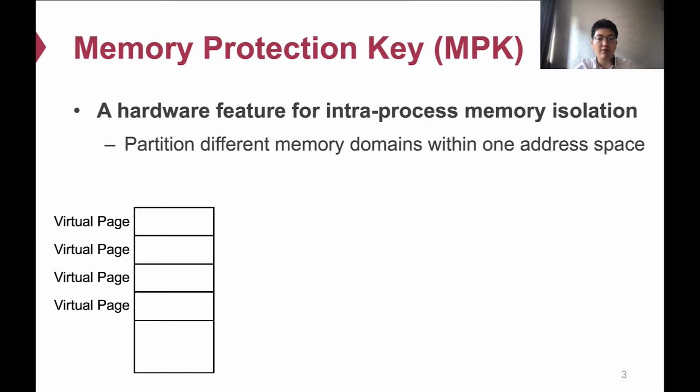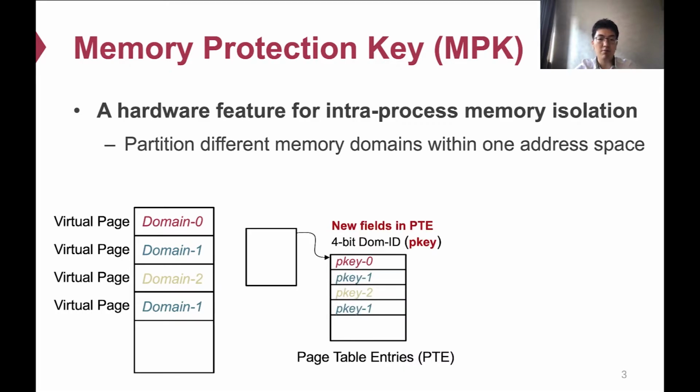It offers highly efficient intra-process memory isolation by supporting memory domains inside one application. Specifically, Intel MPK can divide the virtual memory space of one process into 16 memory domains.